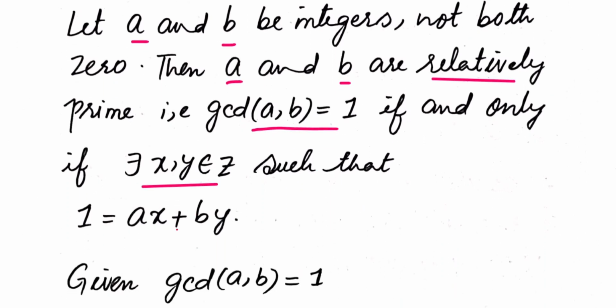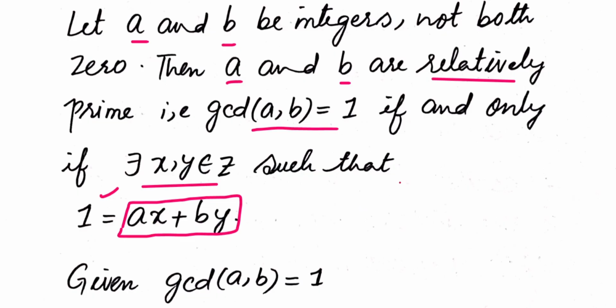their linear combination, this form ax plus by, is called the linear combination of A and B. This linear combination of A and B is equal to 1. In simple words, two integers A and B are relatively prime if their linear combination ax plus by is equal to 1.